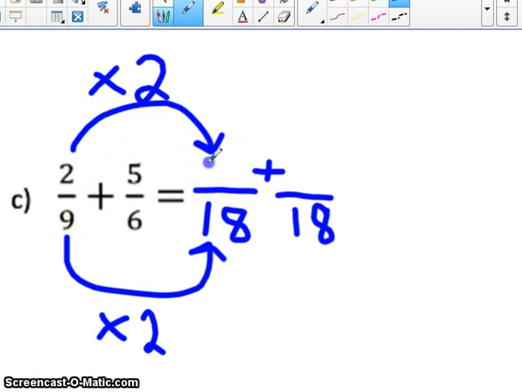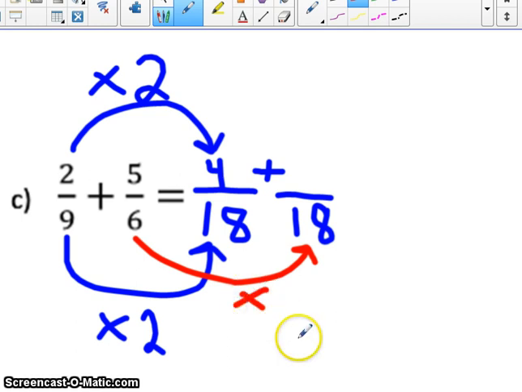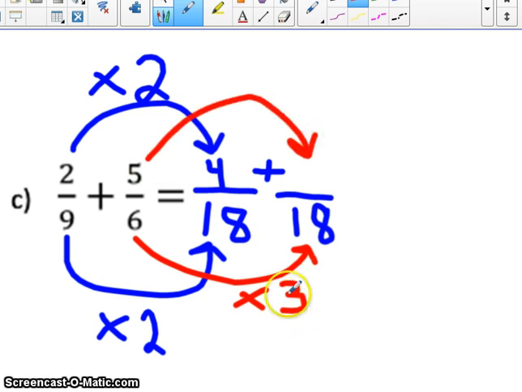So 2 times 2 is 4. Just for clarity, I'm going to use a different color here. 6 to get to 18 is times 3, 6, 12, 18, and then the 5 has to also be a times 3. 5 times 3 is 15.